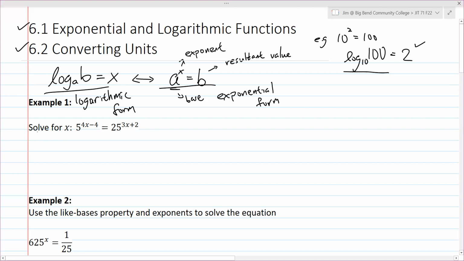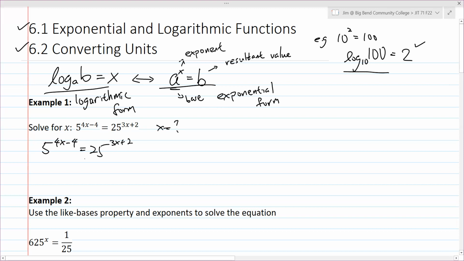All right, solve for X. If you see this type of question, you have to figure out a way to solve for X. We're going to apply something called the like base property. First of all, you have the bases 5 and 25 on each side of the equation. They're different and they don't match.